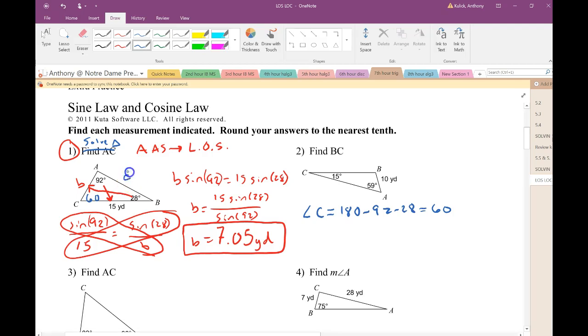So if I call this side C, I know that C squared is equal to B squared plus A squared minus 2 times B times A times cosine of angle C, which is 60.